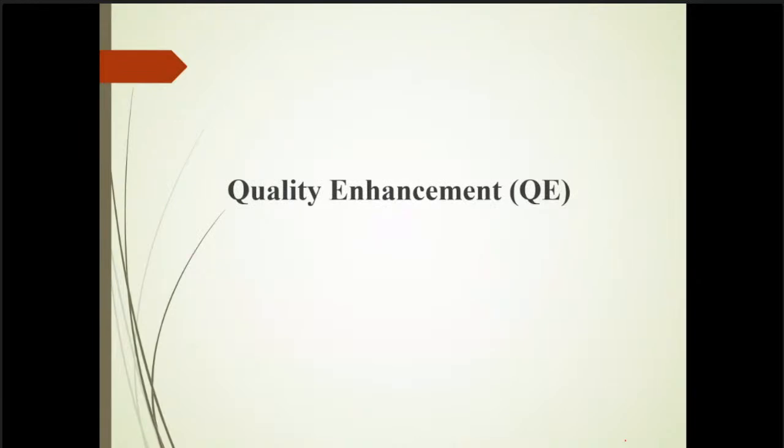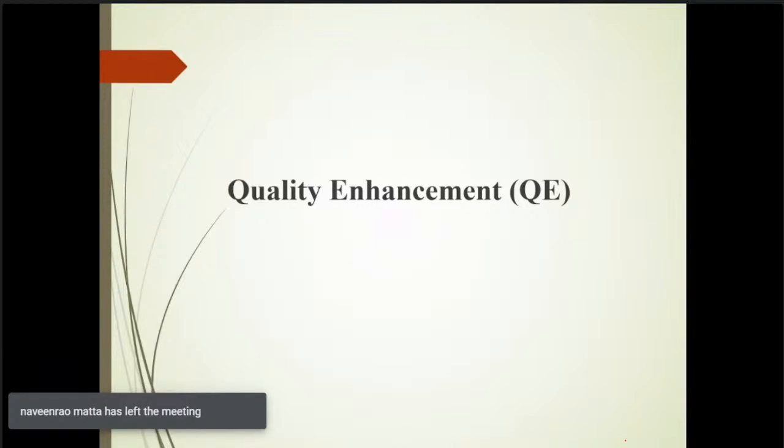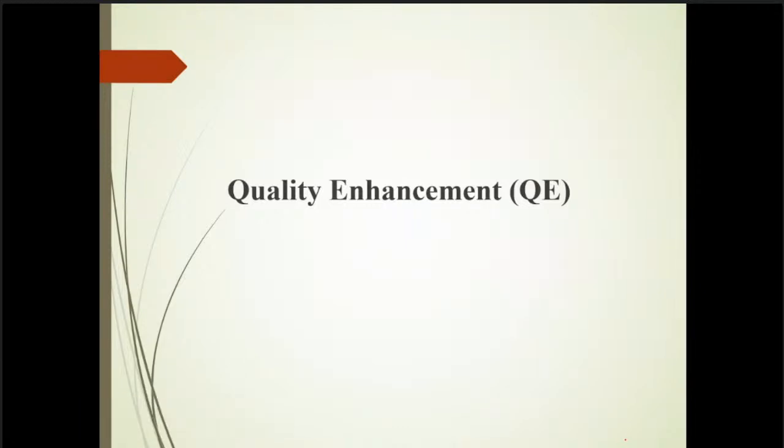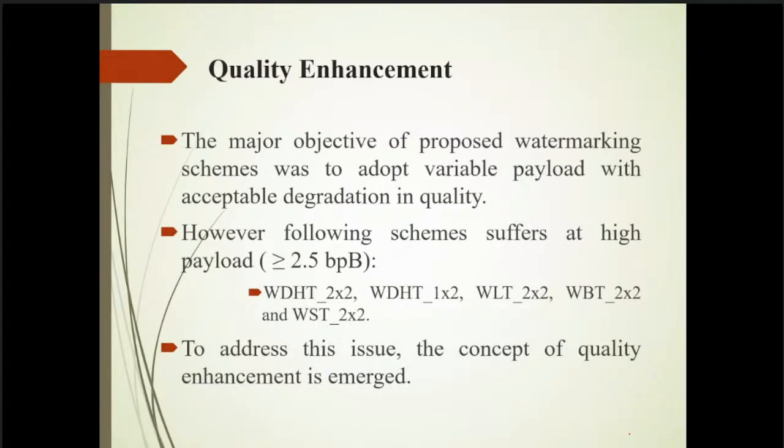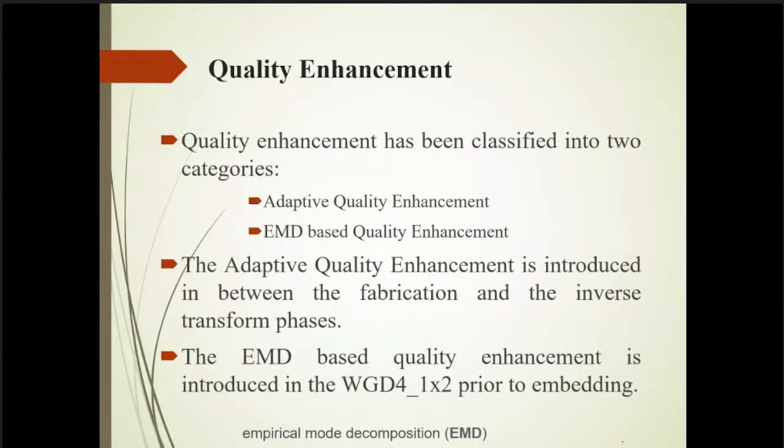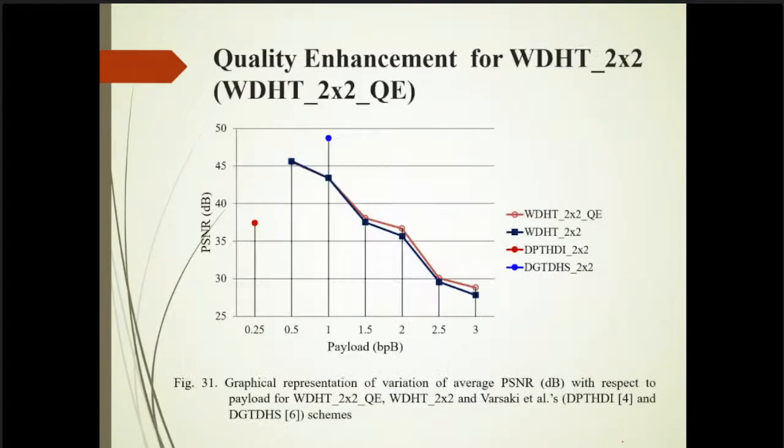Now what I was talking about, that in some cases, particularly higher payload, the degradation of the image is such that the peak signal to noise ratio is coming down below 30. We should not accept that. So for quality enhancement, two types of quality enhancement, you see, EMD, empirical mode decomposition, and GA we have used here. Particularly when I am going for higher payload greater than 2, you see this is the original 2 cross 2.